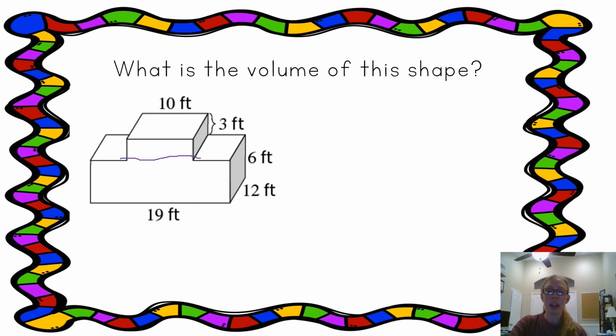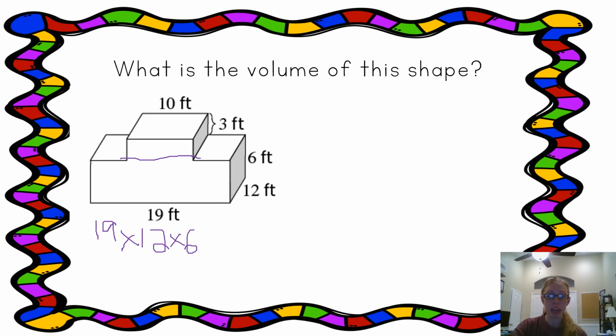So I'm going to start with my base here. I see that the volume of my base will be 19 times 12 times 6 because I have a length of 19, a width of 12, and a height of 6. For now, I'm not even worrying about the top part, just focusing on that bottom piece.